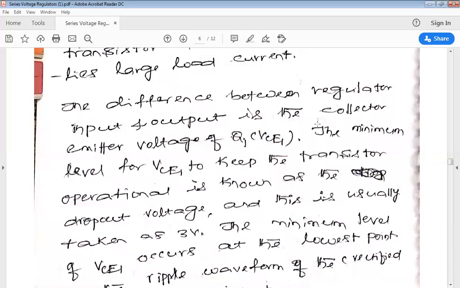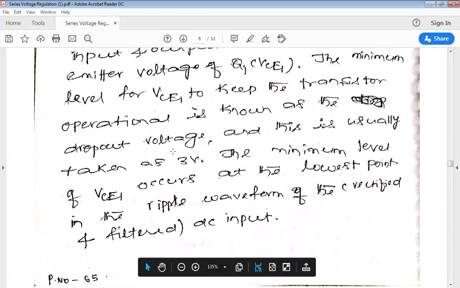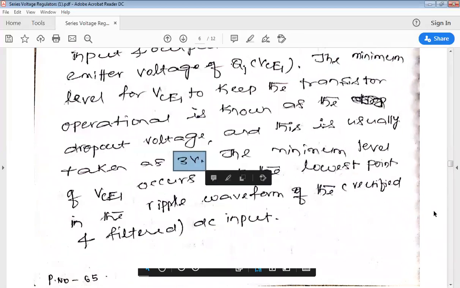The minimum level of VCE to keep the transistor operational is known as the dropout voltage. This is usually considered around 3 volts.